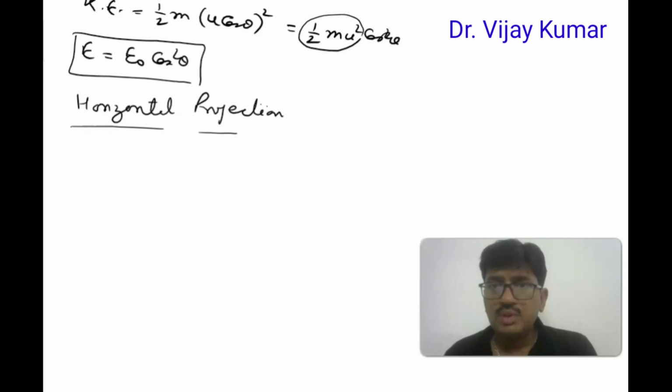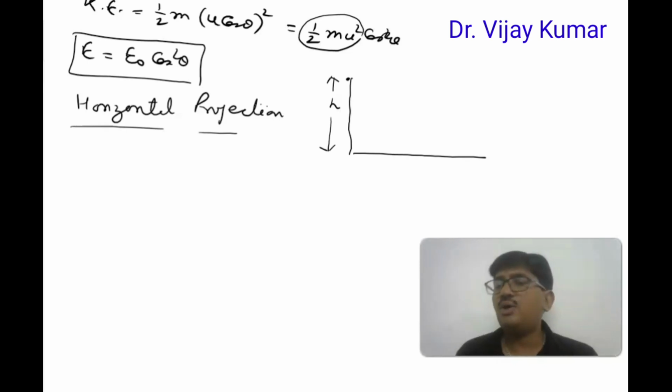Suppose the object is projected at a height h. In previous cases, the object is projected from the surface, and the destination point is again at the surface. But right now, the object is projected at a height h, and the path of the projectile will be just like this.